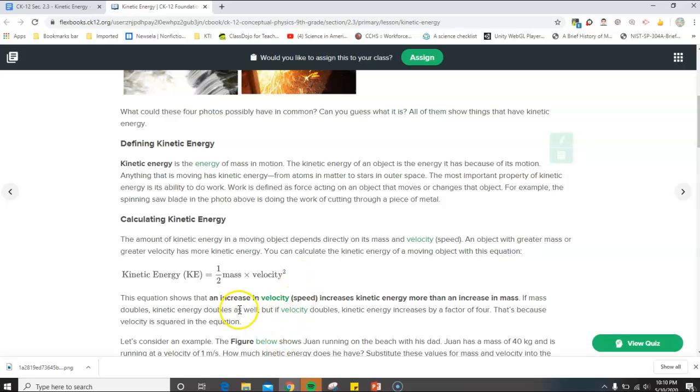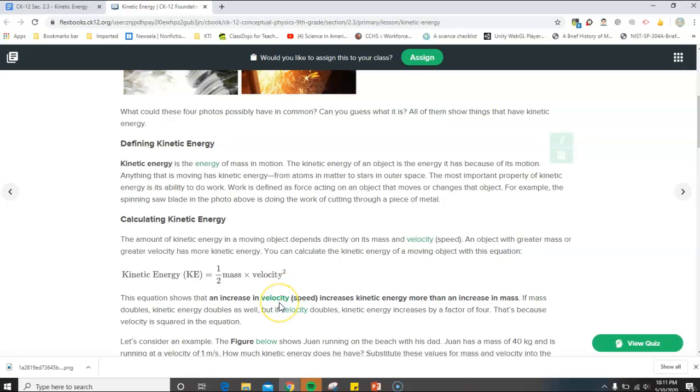If you look at the equation, what it actually shows you is that an increase in velocity, or speed, increases kinetic energy more than an increase in mass. If you double the mass in the equation, then you're doubling the kinetic energy. But if you double the velocity, you're actually increasing the energy by a factor of 4, because in this equation, velocity is squared.